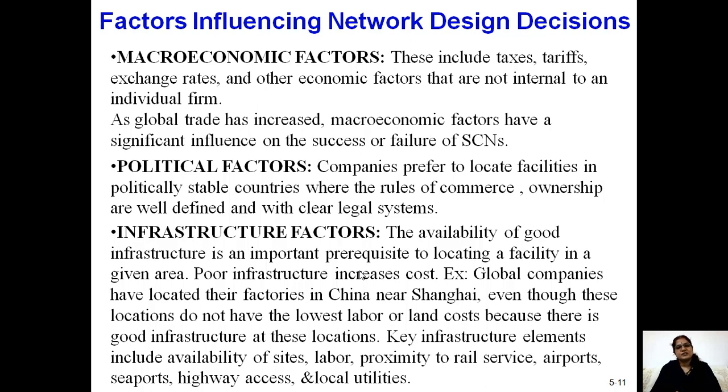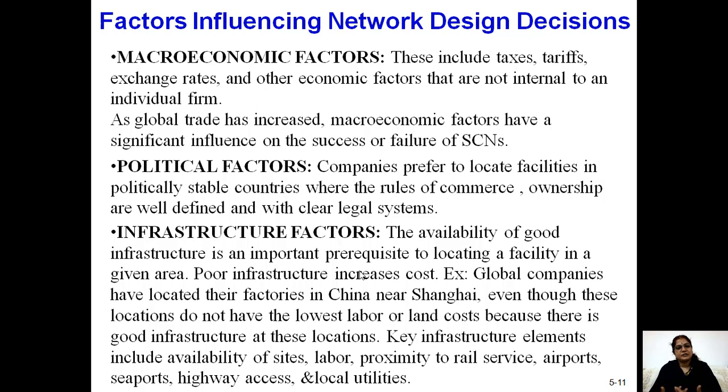Next is infrastructure factors. The availability of good infrastructure is a very important factor for locating a facility because poor infrastructure adds cost to the actual cost of the product and increases the cost.